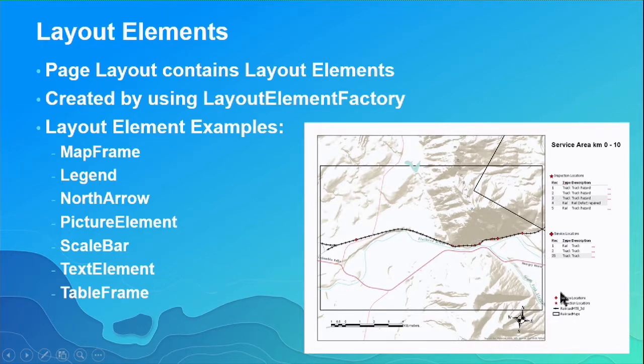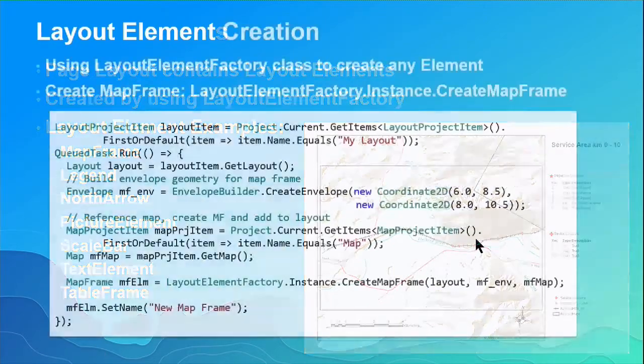We have picture elements. There's no picture element on this. You have a scale bar. That's right here, linked to the map frame. We have text elements, so this would be a text element. And then we have the table frame, and that's maybe something specifically new in ArcGIS Pro, where you can actually create a table frame that is able to access your features that are displayed within your map frame in table form. And we're going to see that in an upcoming demo, how that works.